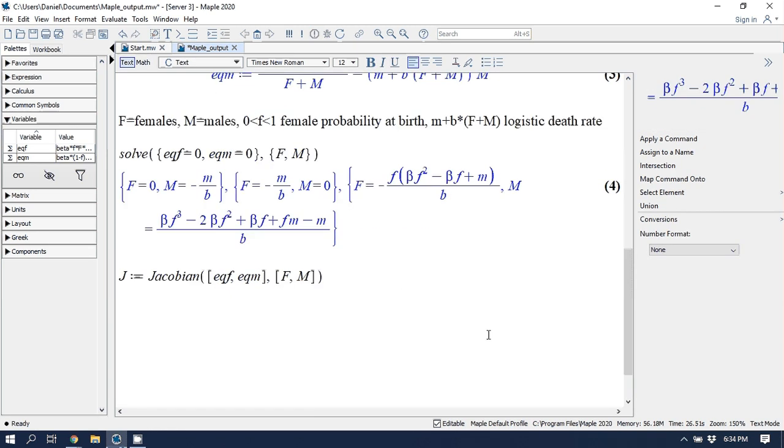So right off the bat, you would see that the first two equilibrium points we can easily dismiss, right? Those are not feasible in the biological domain because they are negative. One of the values at the equilibrium point is negative, so these are not biologically feasible.